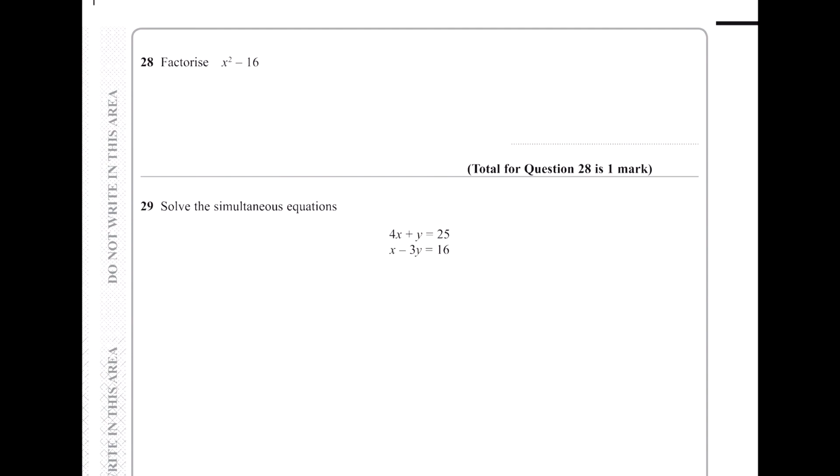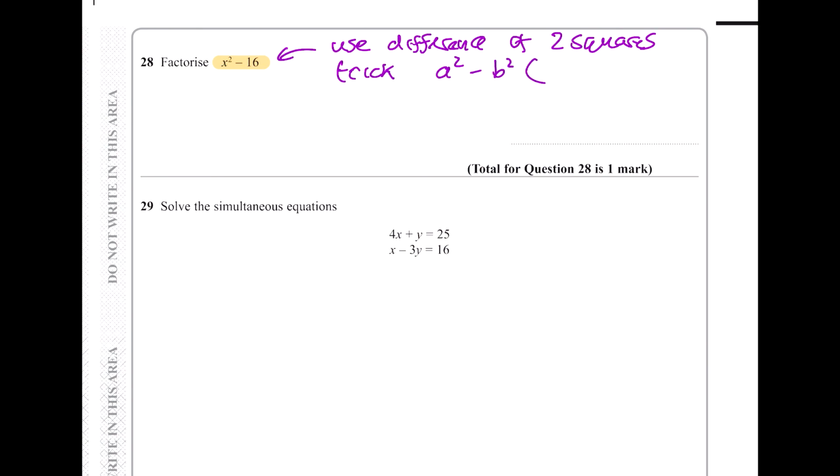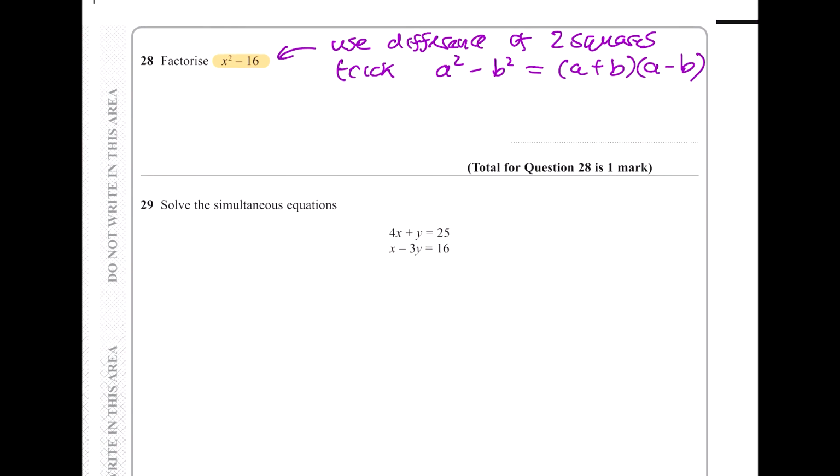Now we're asked to factorize. So what we can use is the difference of two squares. It's a little trick, which basically says if you have one thing squared and you're taking away another thing squared, that equals that thing plus the other thing and that thing minus the other thing, like this.